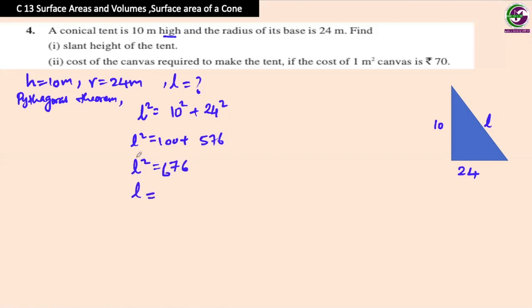Or L is equal to, when you take square root on both the sides, we will get 26. Therefore, slant height is equal to 26.